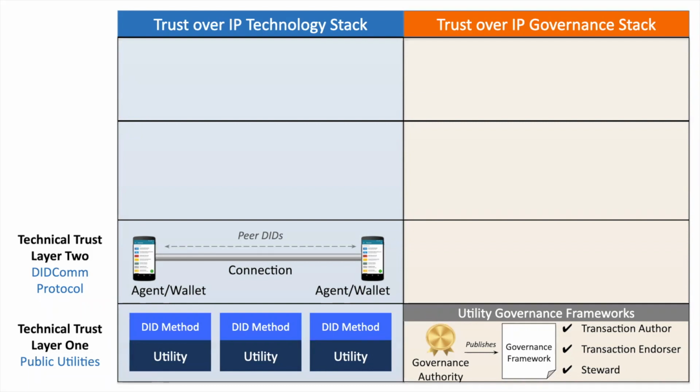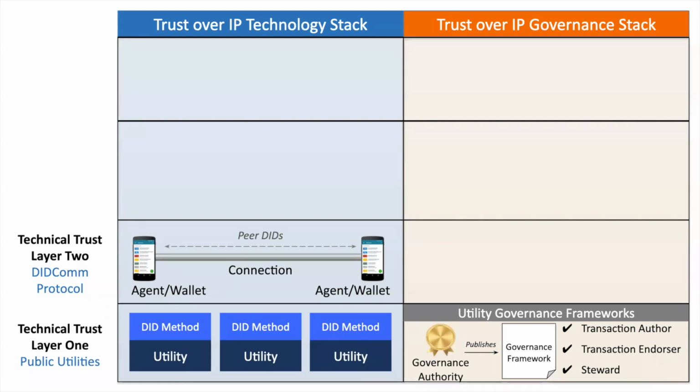These pipes are based on mutual authentication that's done the same way on both sides, where each party holds a DID, and each party can prove that the other party is interacting with them because the communication is encrypted using keys associated with that DID.